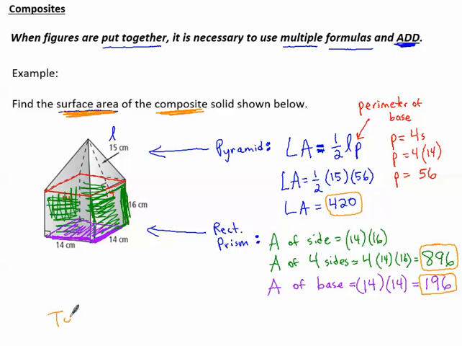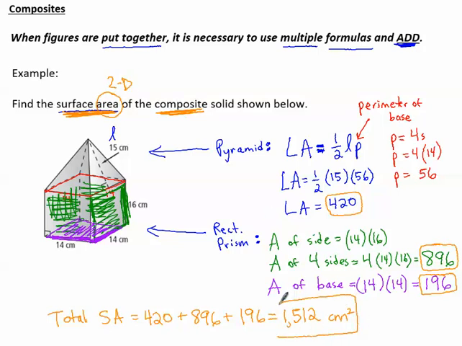So our total surface area of this funny solid is 420 plus 896 plus 196, and altogether that makes 1,512 centimeters squared. Why squared? Because it's area. Area is 2 dimensions, so we square the units. There's our final answer for the area of the composite solid.